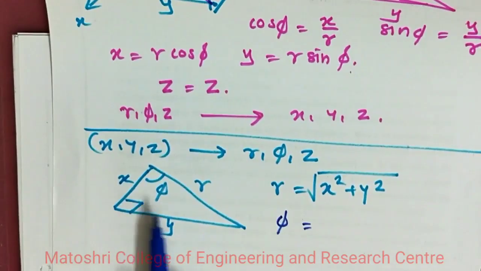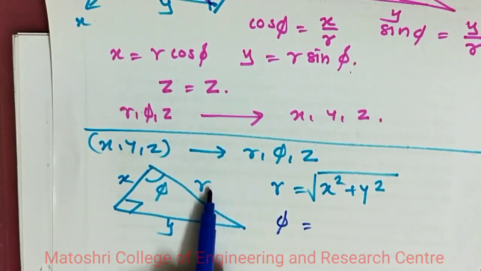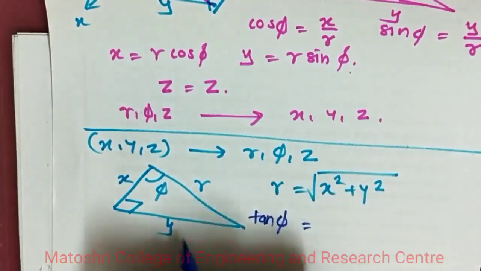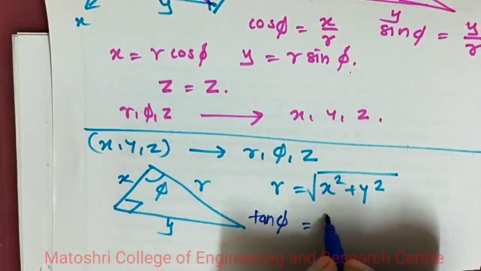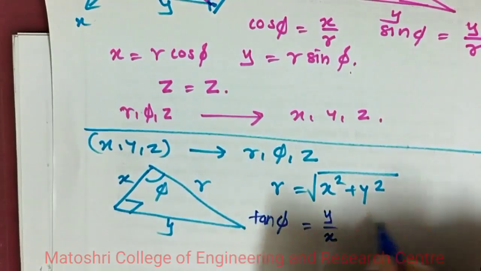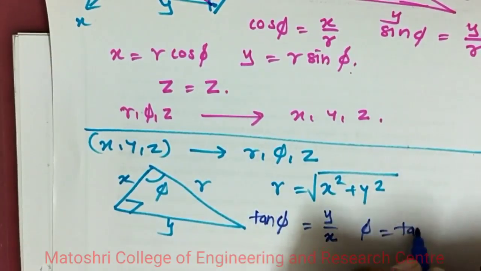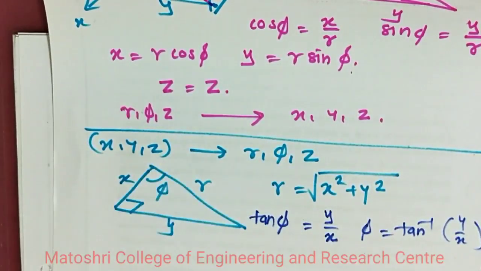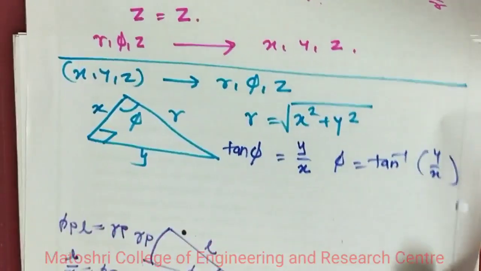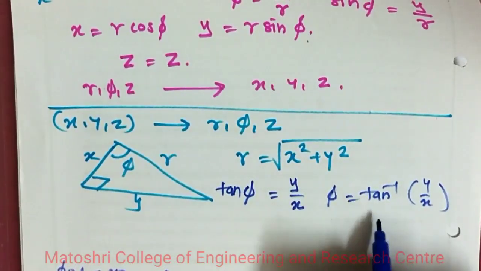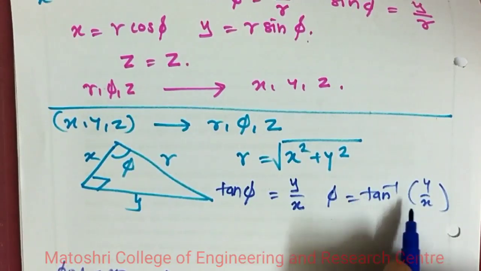But if we use cos phi or sin phi, it involves the radius, which is not yet known, so we will find tan phi. For a right angle triangle, tan phi is sin phi by cos phi, which is the front side by the side length, so it is y by x. So phi is tan inverse of y by x. If you know the x, y, z coordinates, we can find the angle phi: phi is tan inverse of y by x. Now one interesting point here is that this phi is tan inverse of y by x.